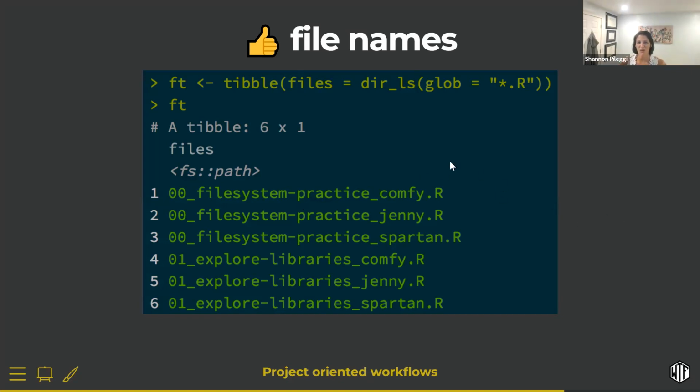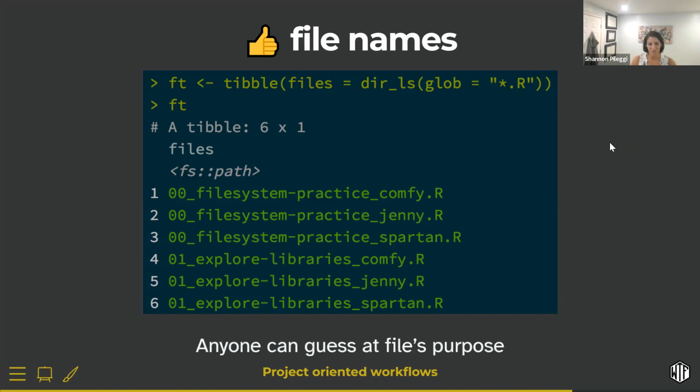Like maybe you want to use this function from the fs package called dir_ls, which will list out the contents of a directory. And this time it's showing it for this feature that has a .R ending. What's nice about this is that anyone can guess at the file's purpose. So you don't really have to have this complicated README that gives overly verbose instructions on how to actually dive into your project.